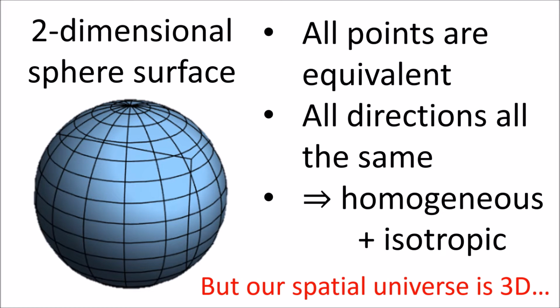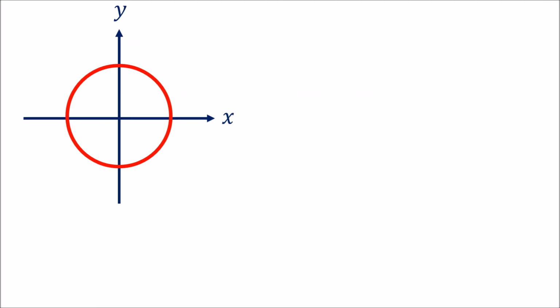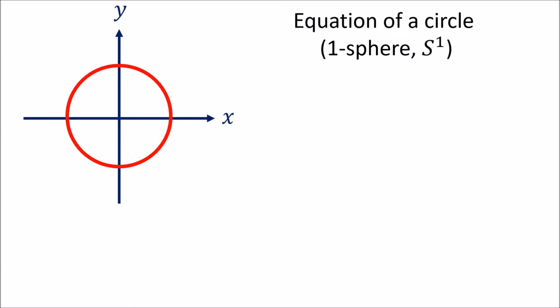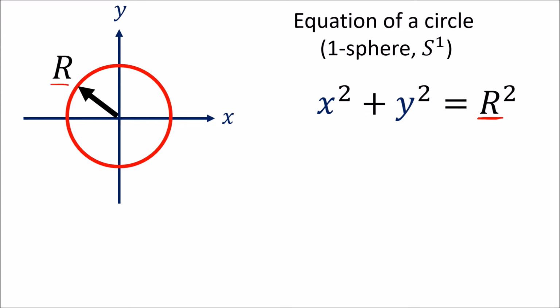But our universe is spatially three-dimensional, not two-dimensional. So how would we describe a three-dimensional sphere mathematically? Well, we know that the equation of a circle, sometimes called the one-dimensional sphere, in the xy plane is given by x squared plus y squared equals R squared, where capital R is the circle's radius.